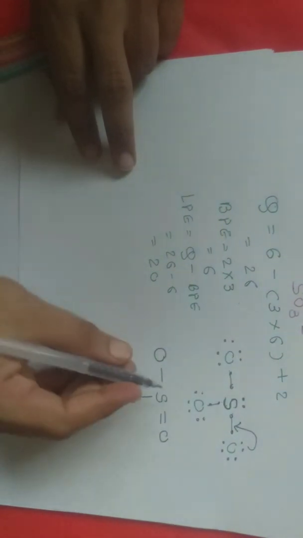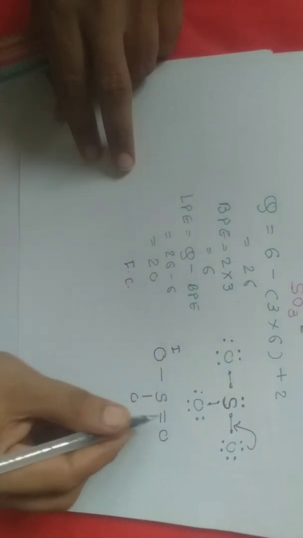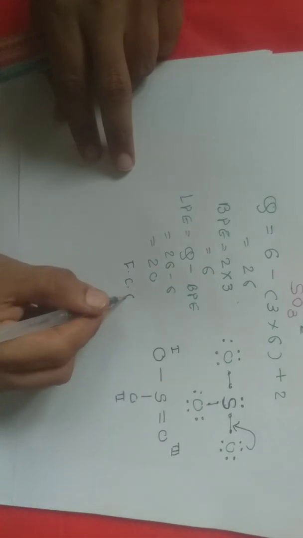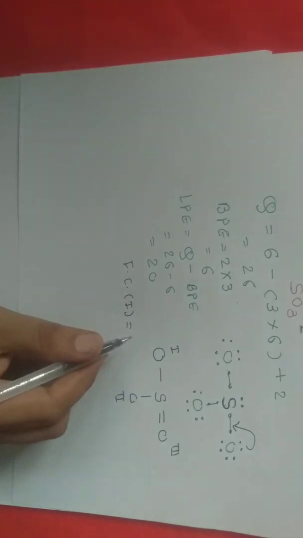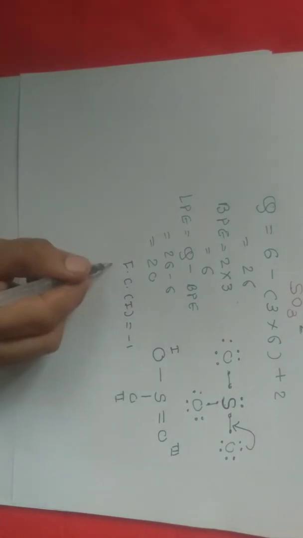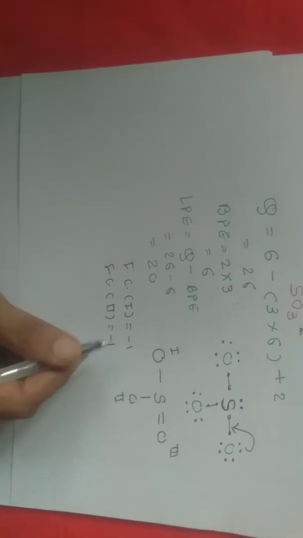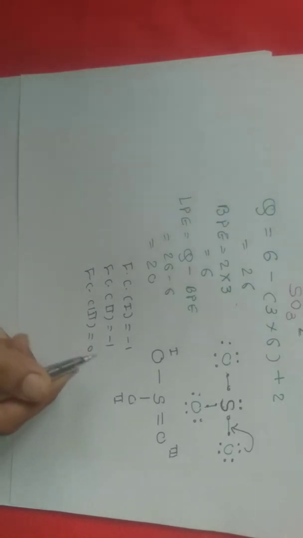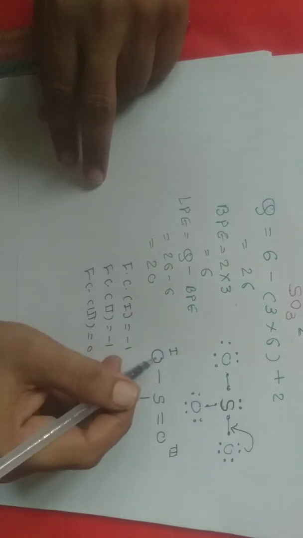If you calculate the formal charge here, with this being the first, second, and third, you will find the formal charge of the first will be -1, the formal charge of the second also -1, and the formal charge of the third is 0. So this oxygen has a 0 formal charge, here -1, -1.